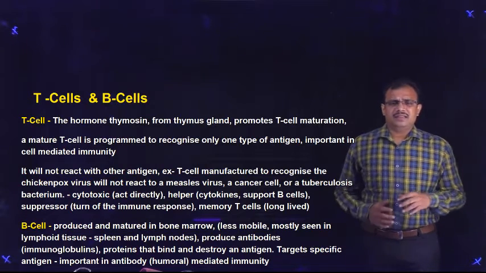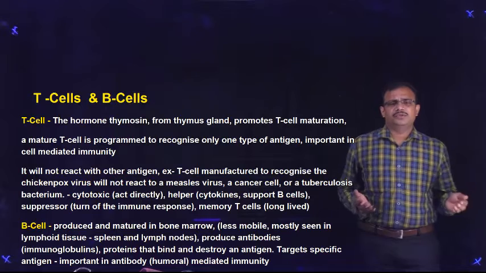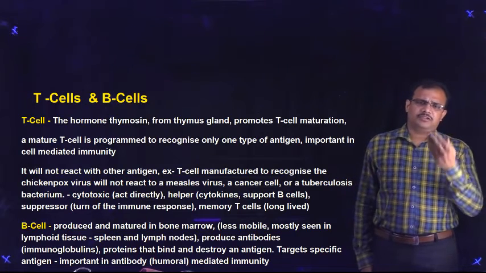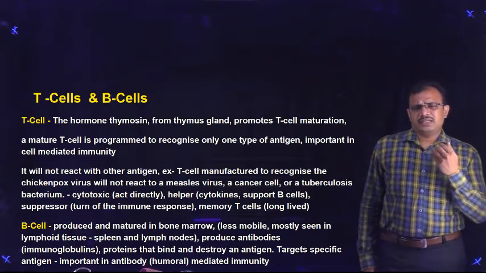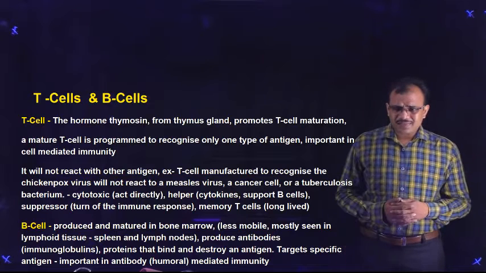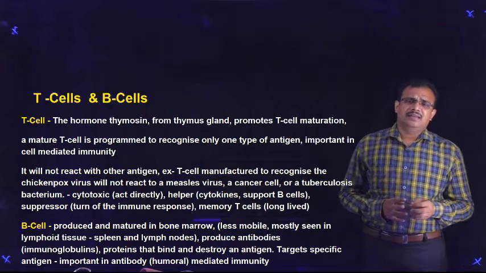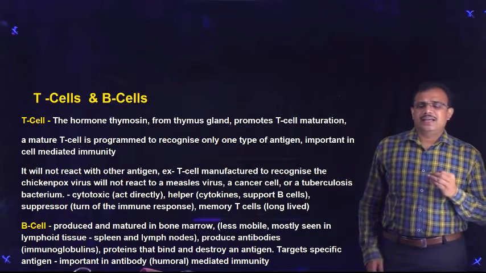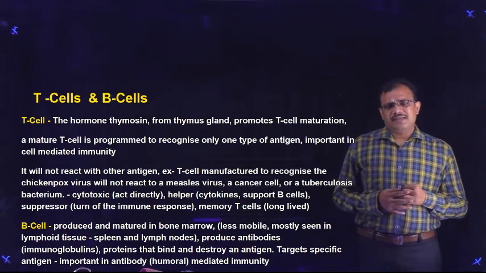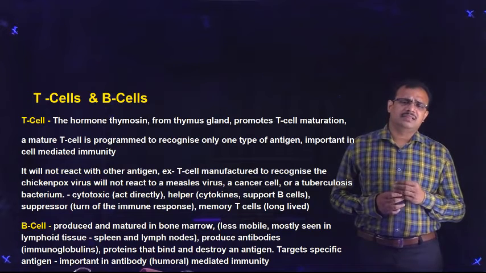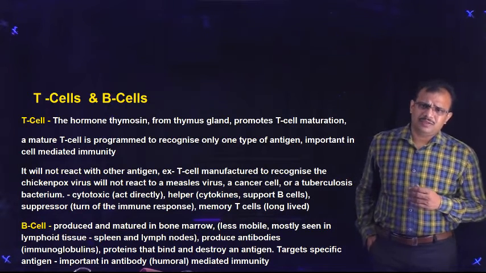In the same way, there are different T cells which are produced to detect different types of viruses, different types of bacteria, or different types of antigen. And there are different types of T cells. There are cytotoxic T cells, helper T cells, suppressor T cells, and memory T cells, the four different types of T cells.